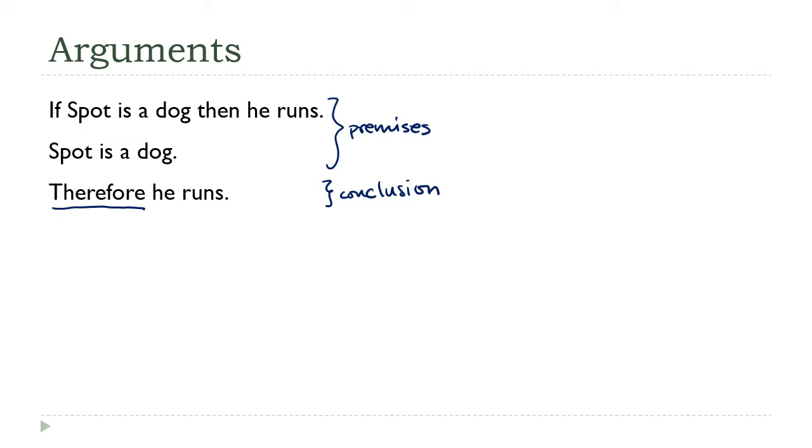But that also makes it a good example for us to start thinking about how we can translate arguments into a symbolic form that we can evaluate using our logical tools. So let me get myself some space here. All right, so our first step is going to be to translate each statement into a symbolic form.